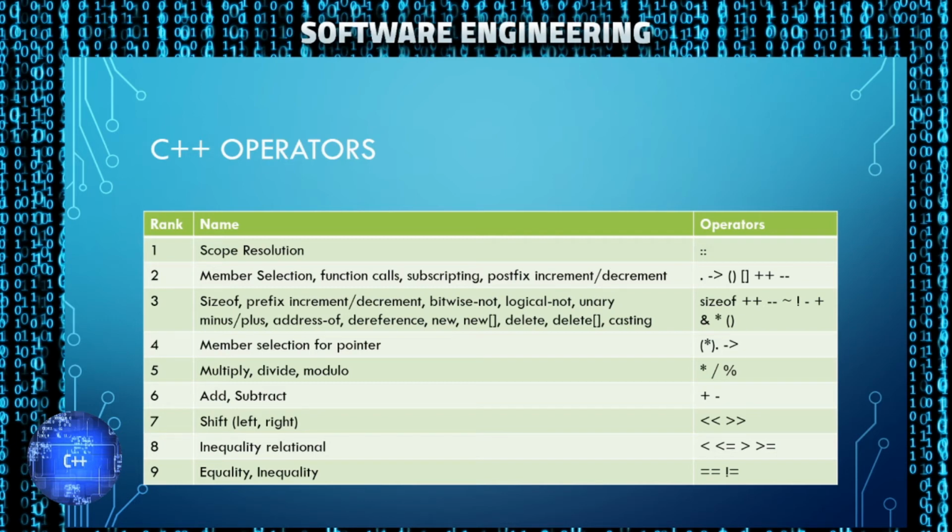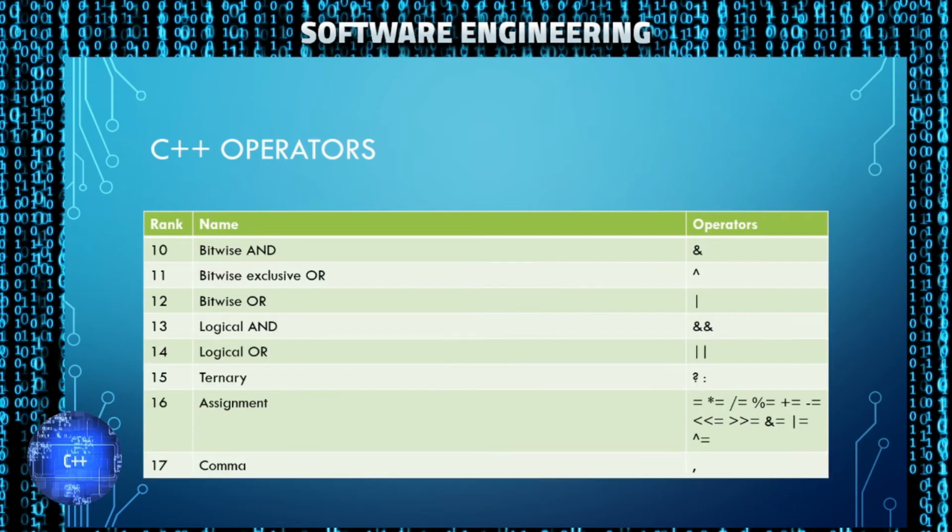And then the 8th and 9th levels are inequalities: less than or equal, greater than or equal, equal, and not equal. Those are useful for conditional checks. The 10th, 11th, and 12th are all bitwise operations. Bitwise AND takes all the ones from both operands.